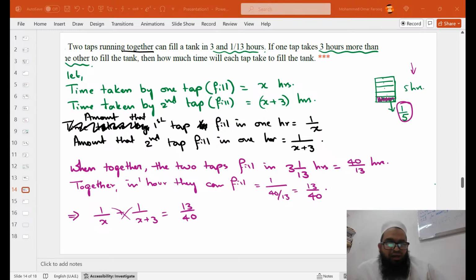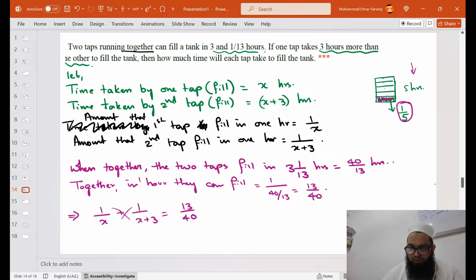Now, together, the two taps will fill in 1 by 13 hours. So if I change it, 13 threes are 39 plus 1, 40. So this is 40 by 13 hours. So together, how much can they fill in 1 hour? 1 by 40 by 13, it means 13 by 40. When you have a fraction in the denominator, it gets reciprocal.